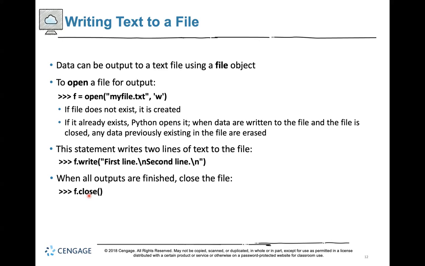Maybe whatever you're doing with the file, some exception is thrown, and then you have to make sure that close is called. Although it's not the end of the world if the close is not called, because Python has this garbage collection. It's going to actually close the file at some point, although you don't know when.